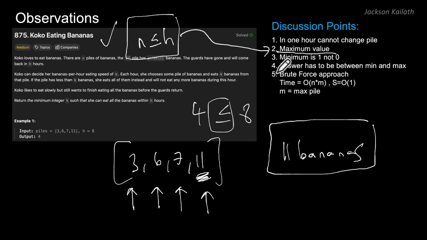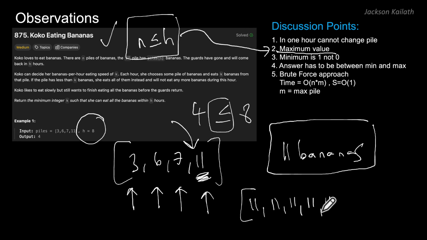Okay, so the maximum value for k would be the maximum value in the given piles array, because if she eats at this speed, then definitely she would complete all the bananas because n has to be less than or equal to h. Again, notice if over here h is equal to 8, let's keep 11 as the maximum value, and if we had 11 repeating 8 times, this is 5, then you have 6, 7 and 8.